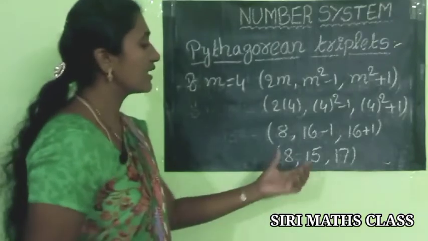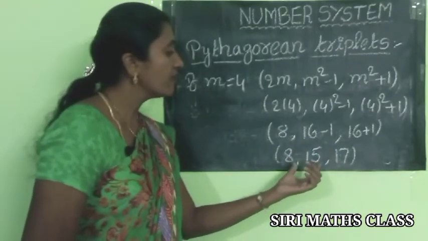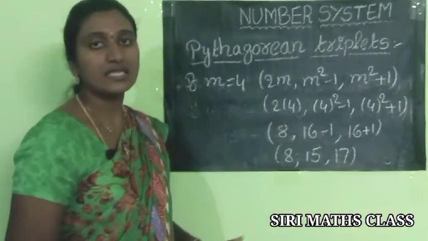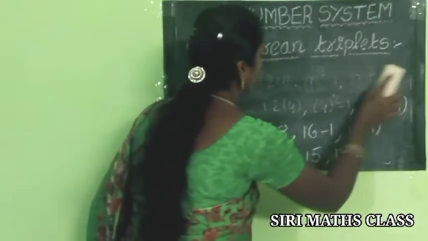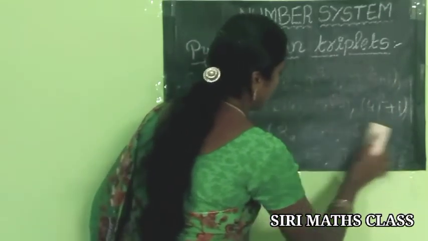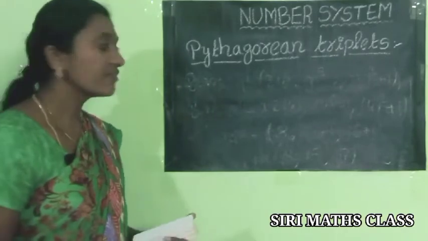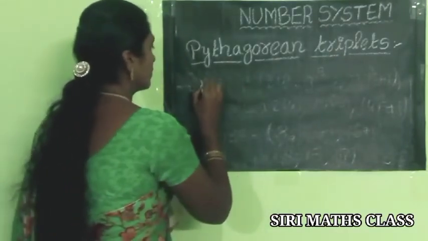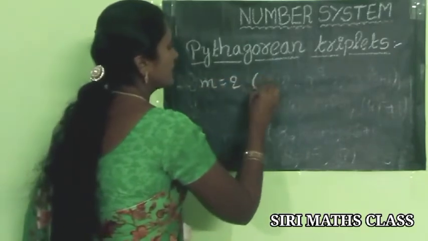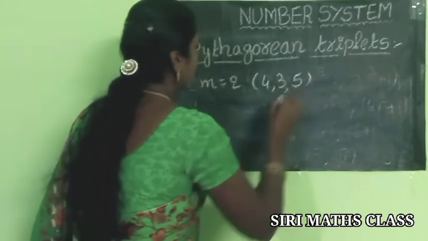So this is also a Pythagorean triplet. By using Pythagoras theorem, we get the answer, both sides are the same value. Now in these examples, what we observe here: if m value is 2, what do we get as the answer? 4, 3, 5.